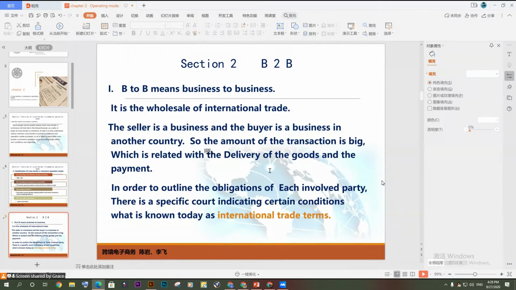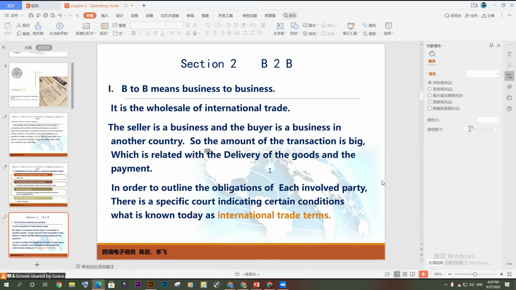Okay, that means this is the wholesale of international trade, and the buyer and the seller are businesses. Unlike us as individuals buying a piece of clothes or some consumer goods online, there will be some complicated issues they should negotiate with each other.